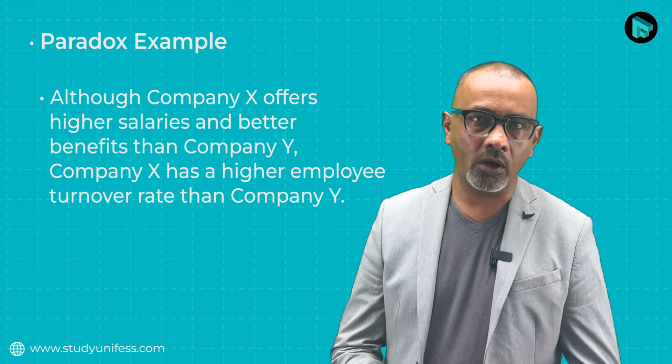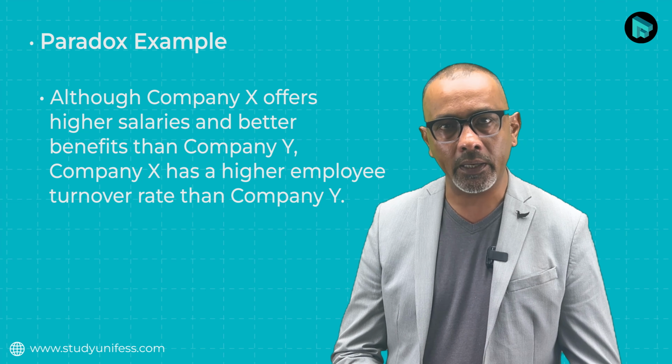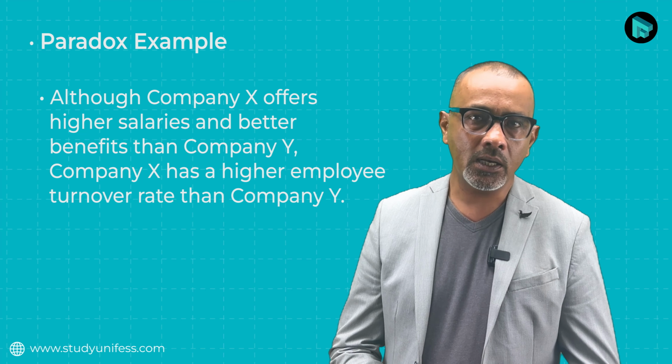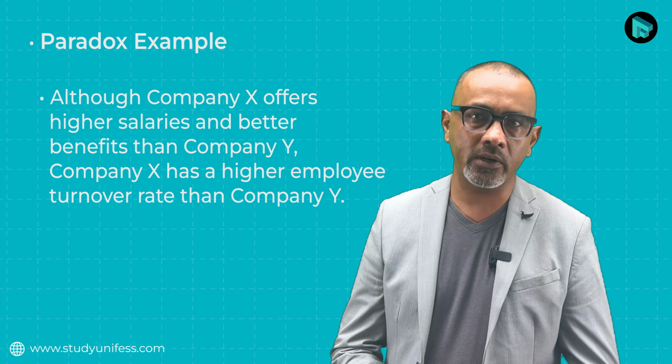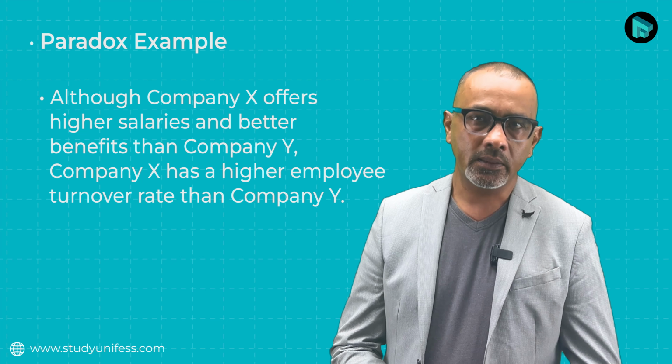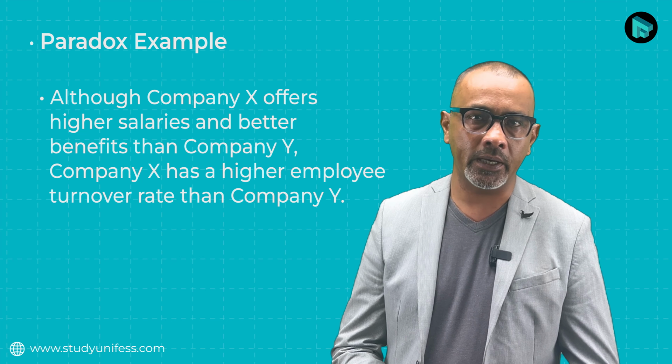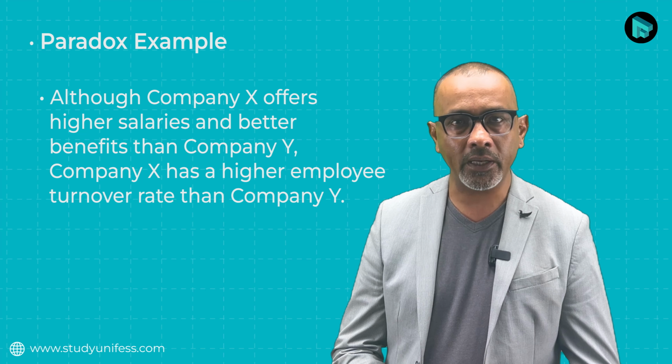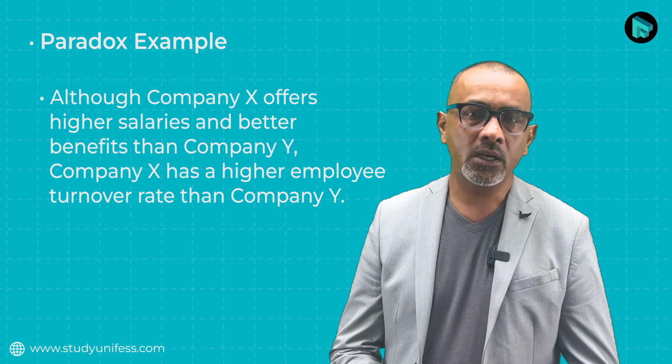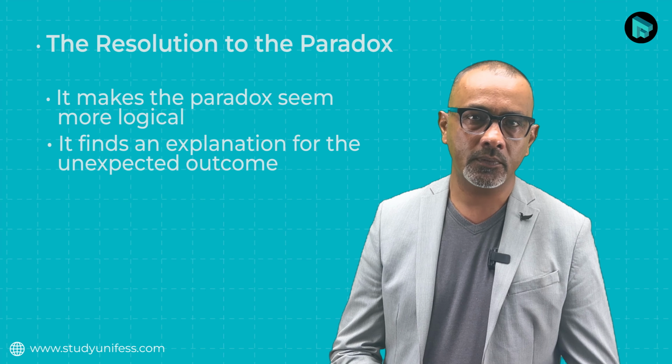Company X offers more than Company Y, but Company X has more employees leaving or resigning. There is an unexpected outcome here because you would expect the employees of Company X to be more stable.